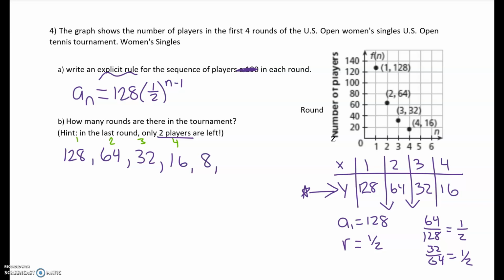That's 8. Half 8. That's 4. Half 2. This is going to be the final round. Well, if this was the 4th round, then 8 was the 5th, 4 is the 6th, 2 is the 7th round. So there will be 7 rounds. Okay, so the tournament will have 7 rounds.